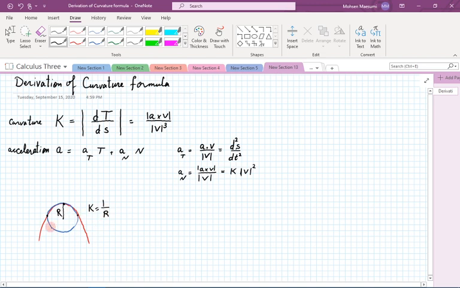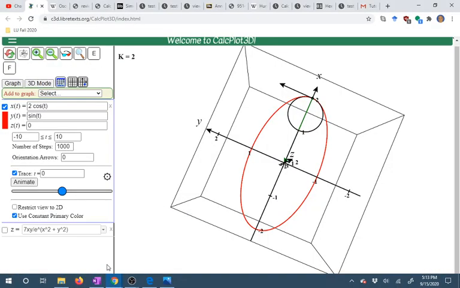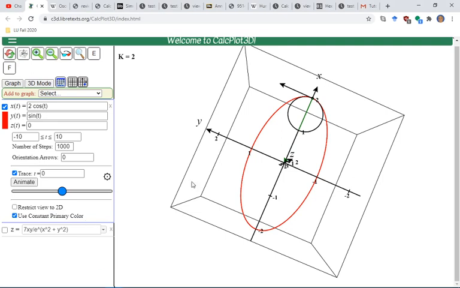Now doing this thing for 3 points very close to each other is a tough job. Last time we looked at some pictures to help us understand what's going on. Let me take a look at this thing again. This red curve is an ellipse, and this circle is that circle I was talking about. This corner of this ellipse, we see it's turning rather sharply, and we get a small circle in that area.